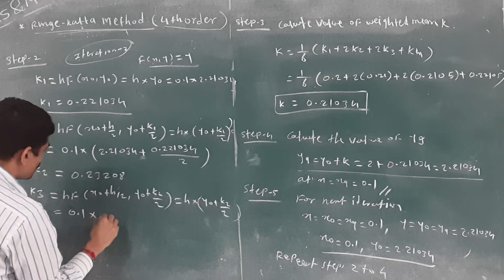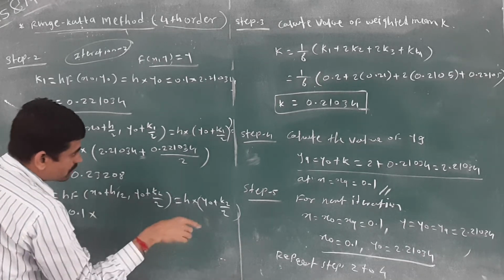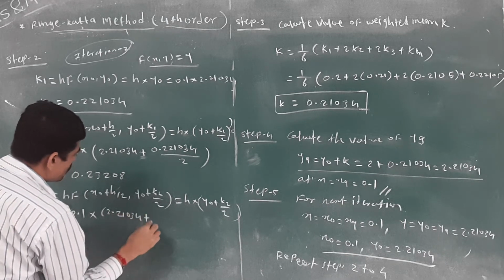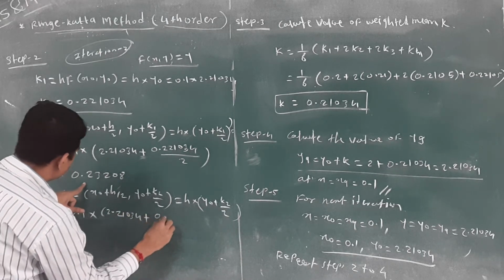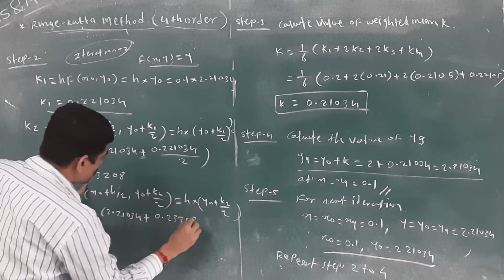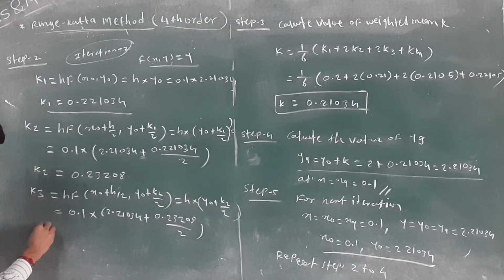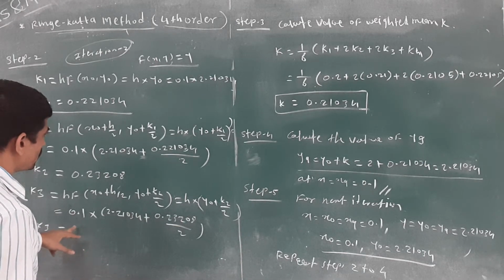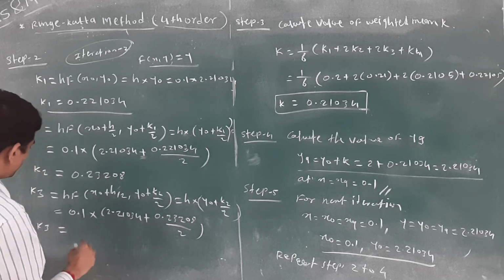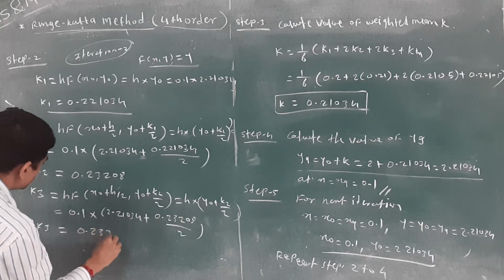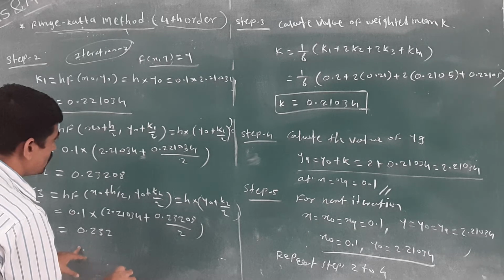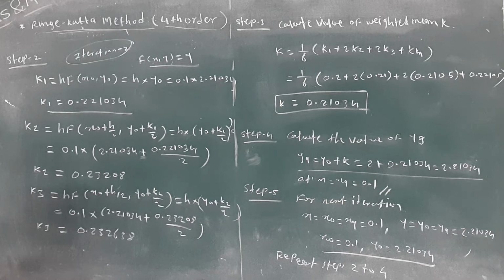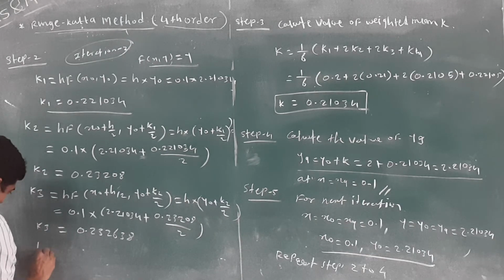Again we have the new value for y0, 2.21034 plus what is the value of k2? 0.23208 divided by 2. You will get the k3 value, 0.232638.